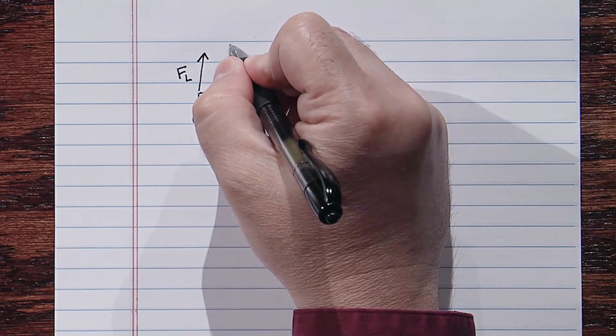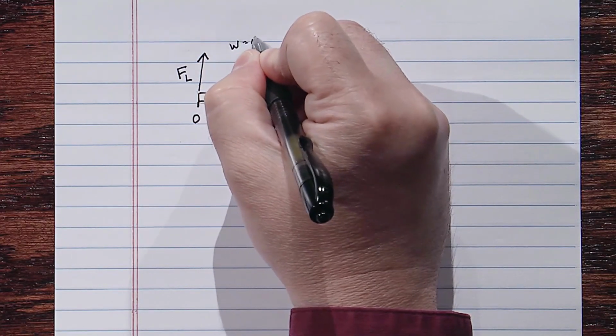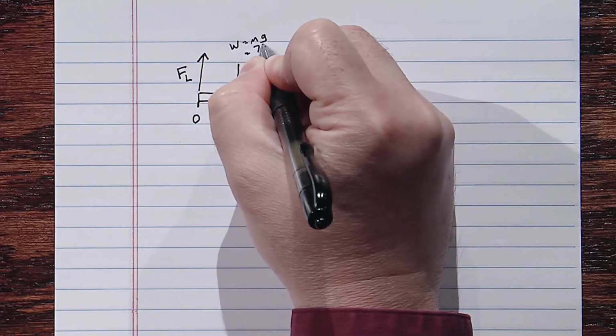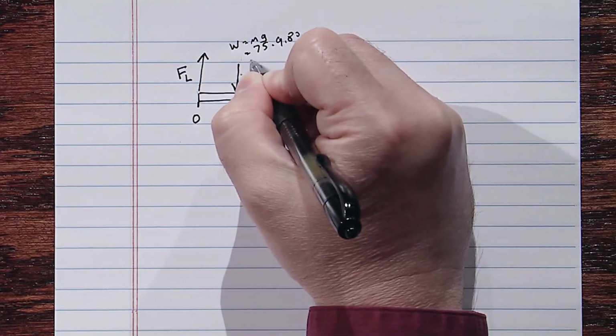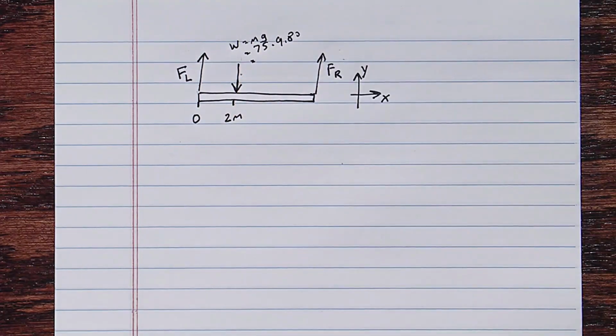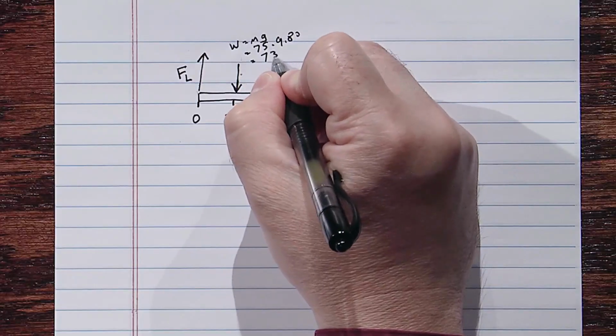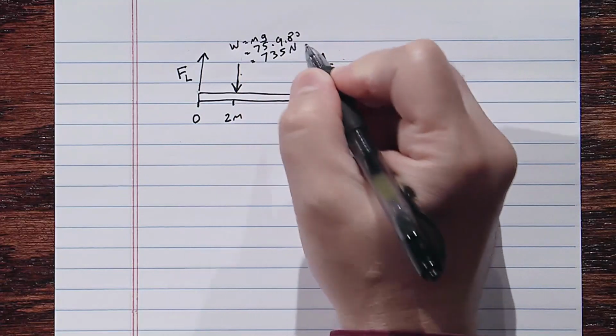And his weight is mass times G, 75 times 9.80. So he is exerting a force on the board of 75 times 9.8, or 735 newtons.